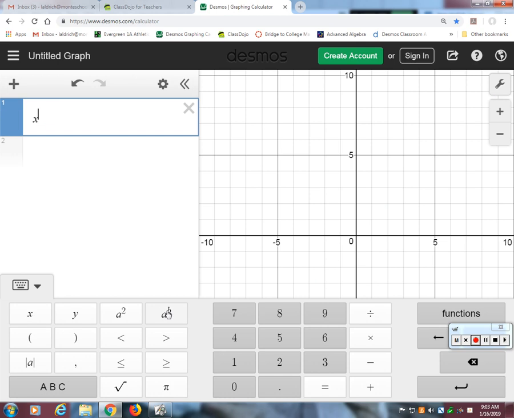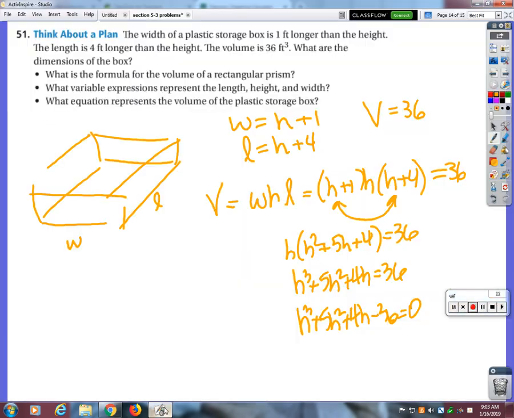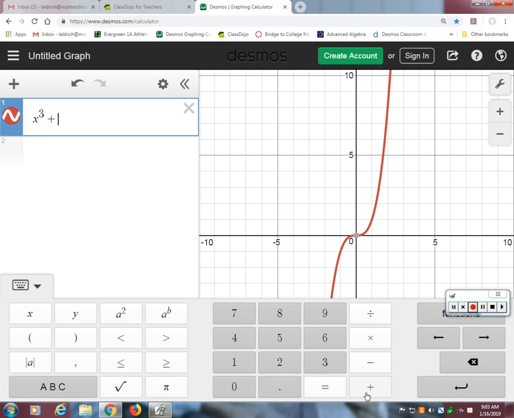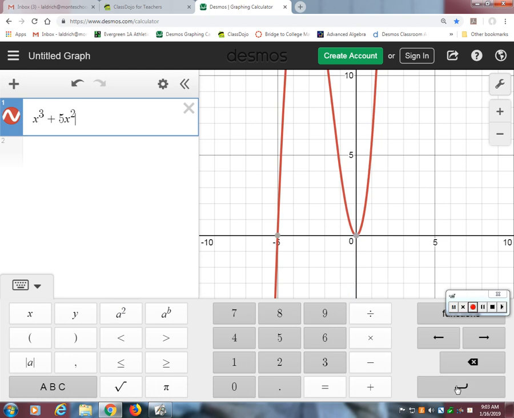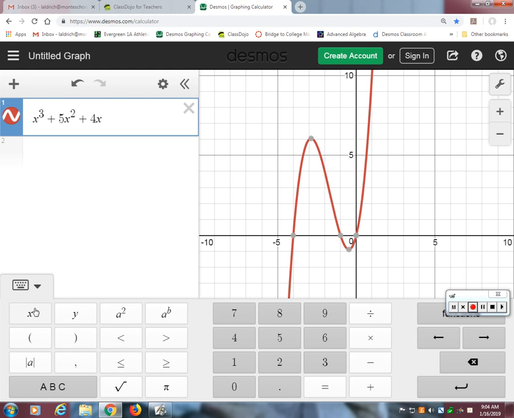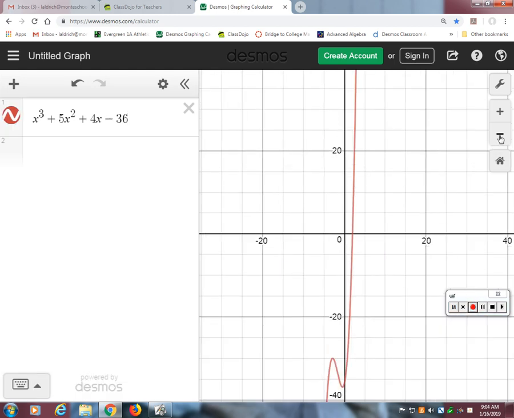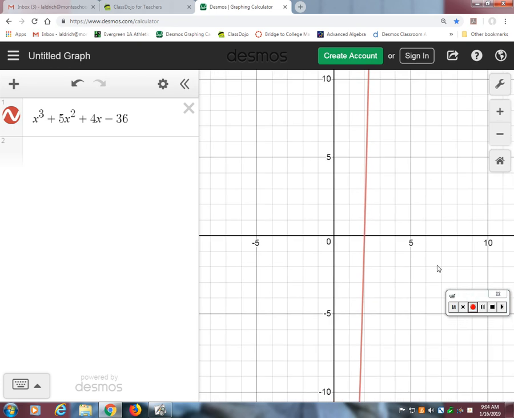So we're going to go x cubed plus 5x squared plus 4x, and then minus 36, right? Okay. And so what we're looking for is where this crosses the x-axis. Oh, that's weird. It comes out to be a whole number, huh? At 2.